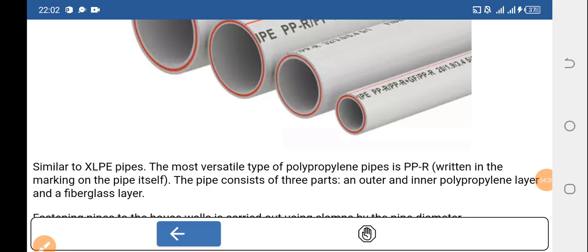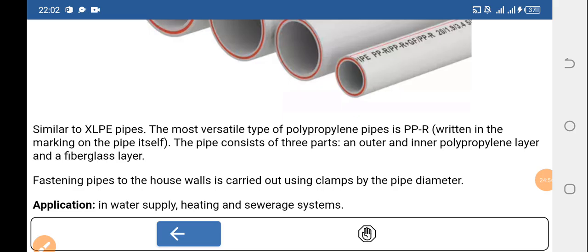This one is stronger because it also has three layers: the inside layer and outside layer, which are polypropylene, and the fiberglass layer. Outside, we may find that it looks like a fiber pipe, which makes the material stronger.